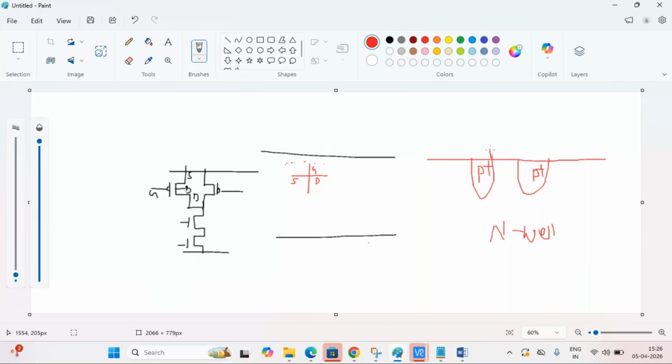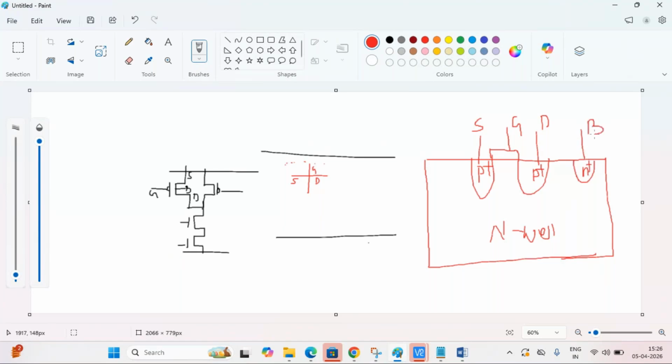The P doping concentration is high. This is the basic thing they will cover in class. One is gate, source, drain, and the bulk connection is n plus. This is the internal structure. So in total four terminals: inside the N-well, P plus, P plus, and n plus.